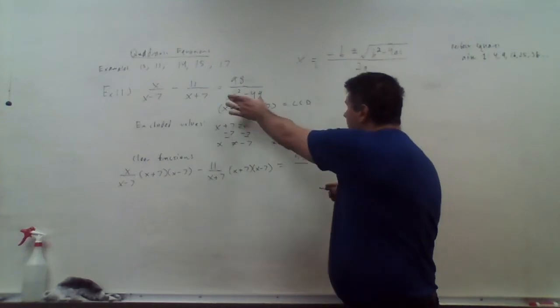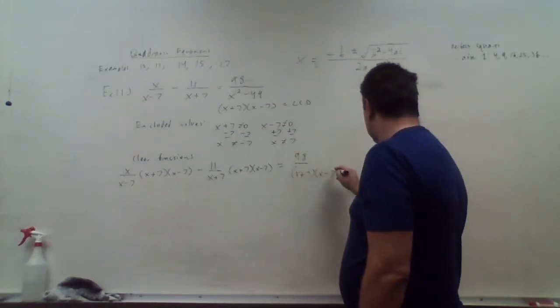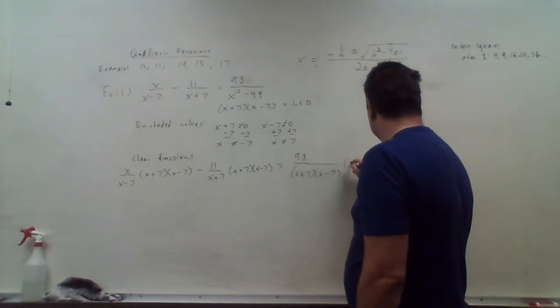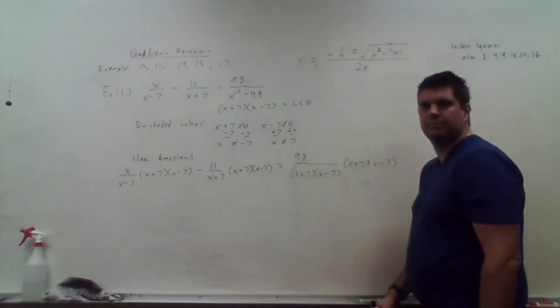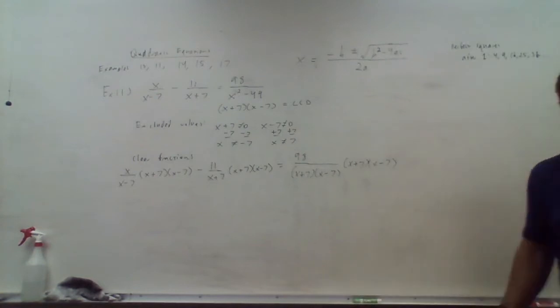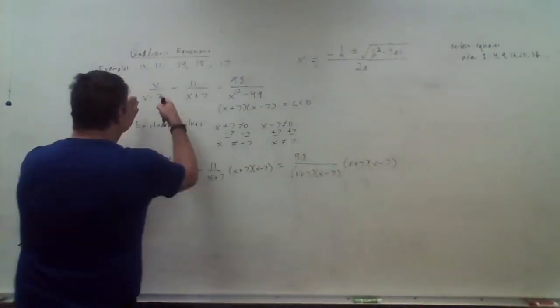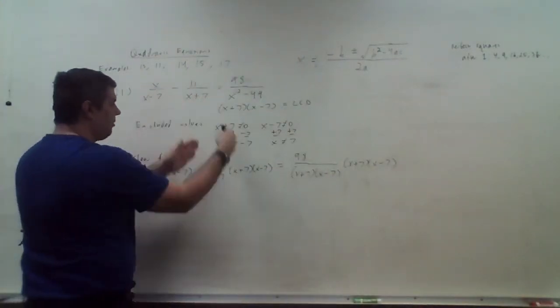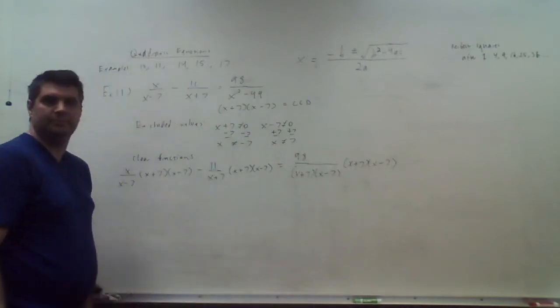I would use factored form for this. You should too. So that's what it looks like. Multiplied by the LCD, multiplied by the LCD, multiplied by the LCD.